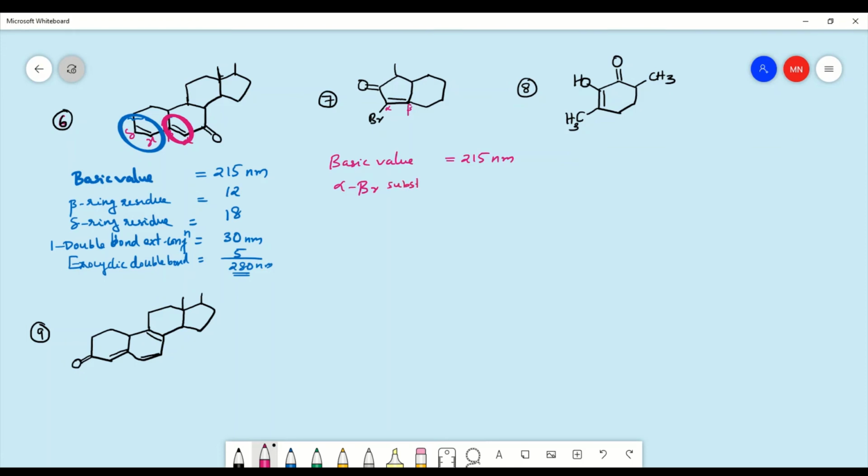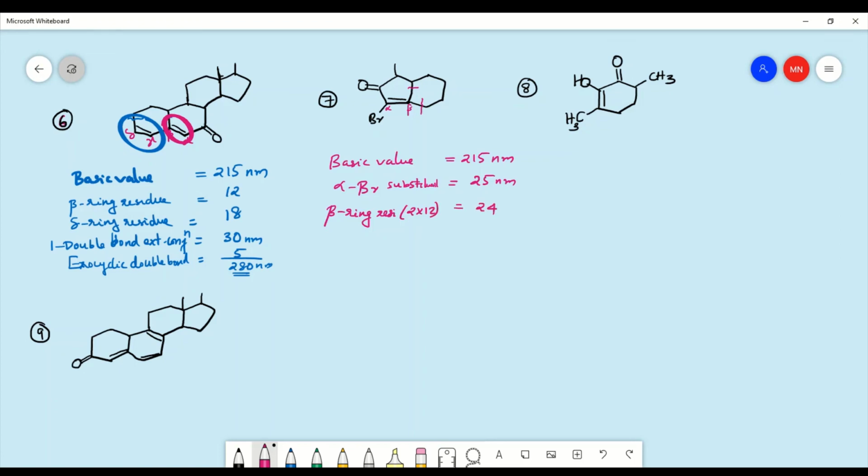If it is bromine, you have to follow the Woodward-Fieser rule. The contribution is 25 nanometer. Now ring residues. At the beta carbon, one ring residue over here, two ring residues. Beta ring residues, how many? 2. So 2 into 12, you will be getting 24 nanometers.